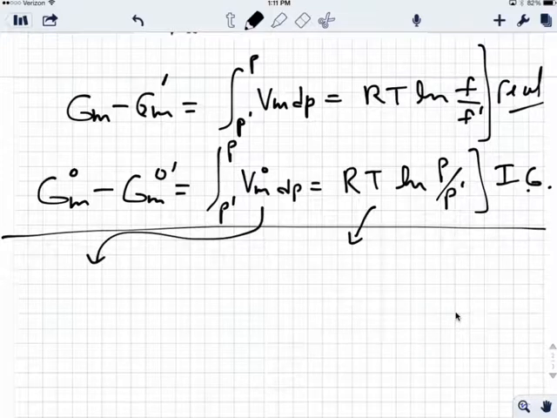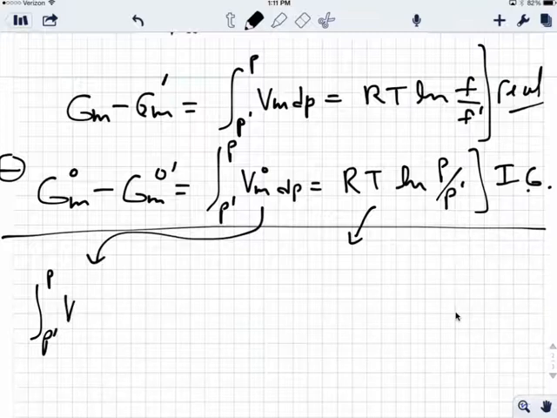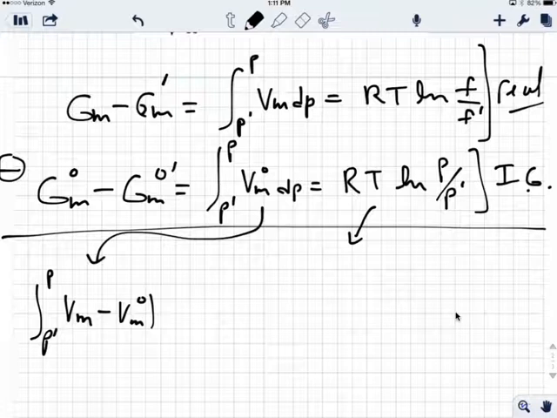And what we'll see, notice that the integration limits are the same. And so since we're going to subtract the bottom one, we're going to end up with the integral from P prime to P of the molar volume of the real gas minus the molar volume of the ideal gas, dP.